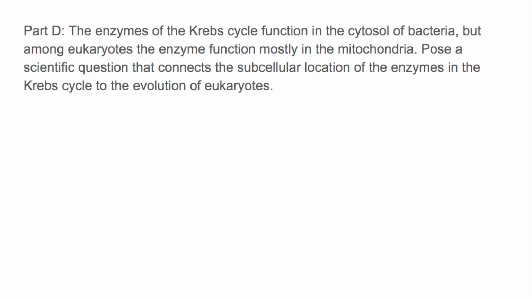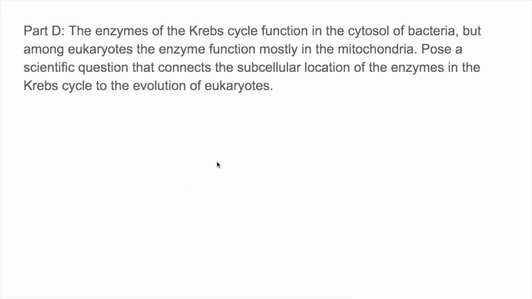So, one of the questions you might ask is, if the enzymes function in the cytosol of bacteria, which is bound by a membrane and a cell wall, but among eukaryotes, the enzymes function mostly in the matrix of the mitochondria, which is bound by 2 membranes, what if the mitochondria were once free-living bacteria that used the Krebs cycle to produce ATP, and they entered an endosymbiotic relationship with eukaryotes?